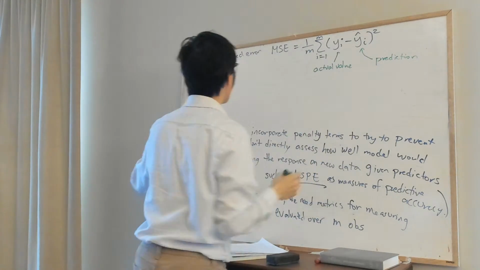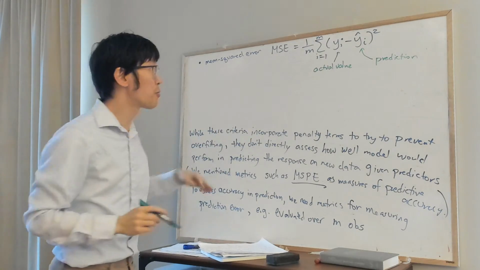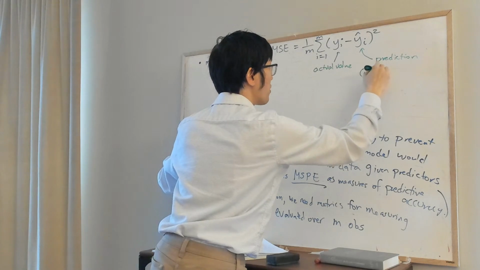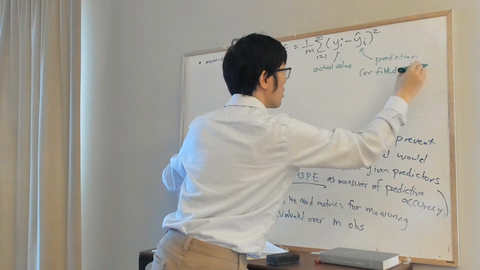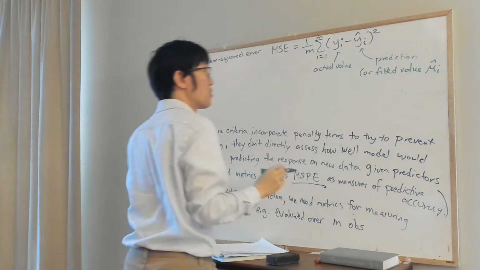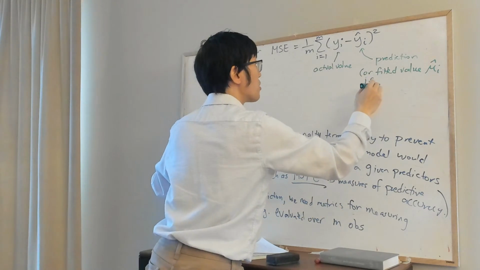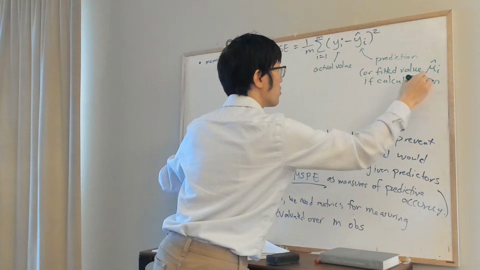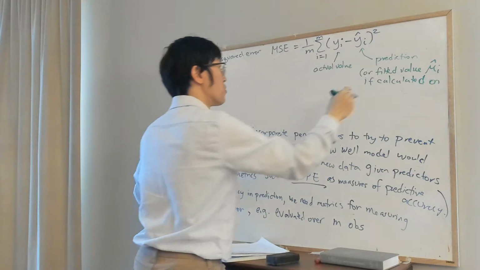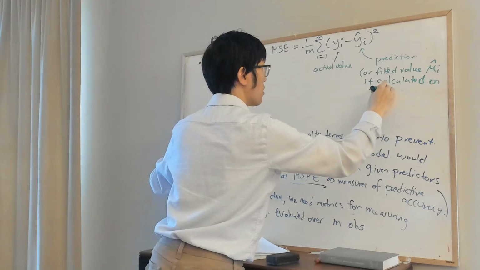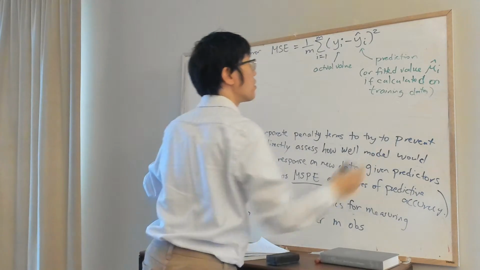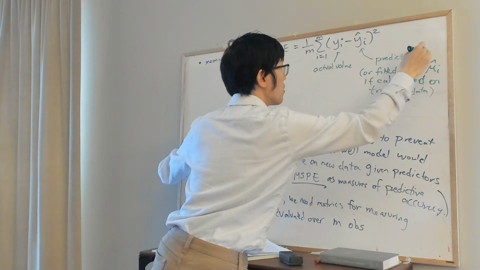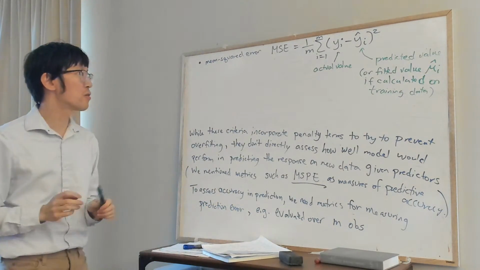Or equivalently, if we're applying mean squared error on the data that we used to fit the model, this would be the fitted value, the same as mu hat i if calculated on our training data. I should say predicted value, that's a little more precise. So the difference between the actual value and a predicted value.